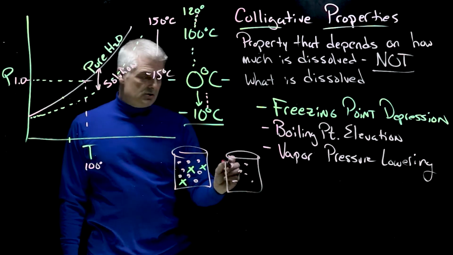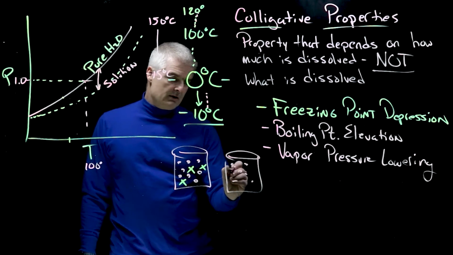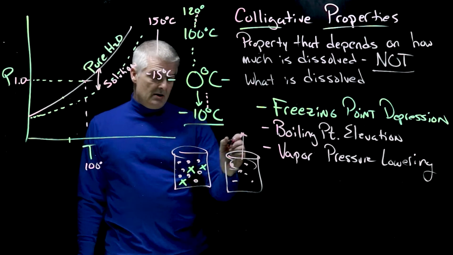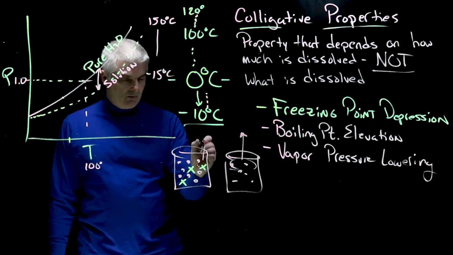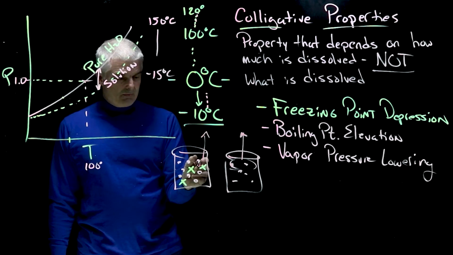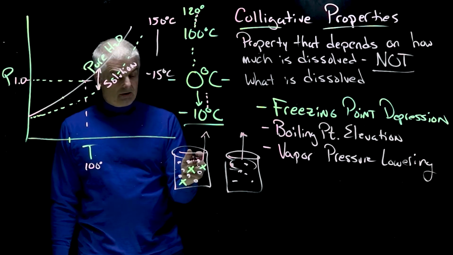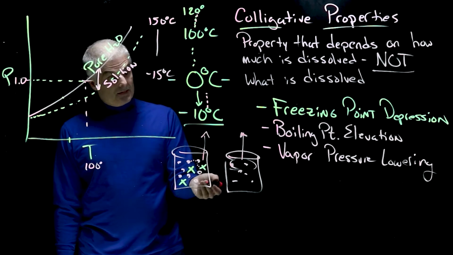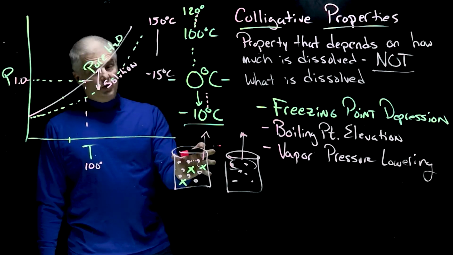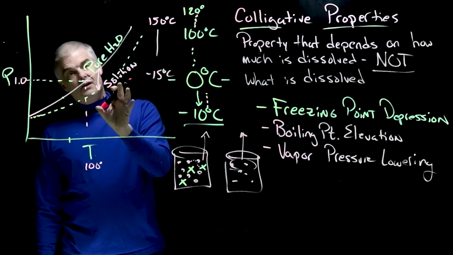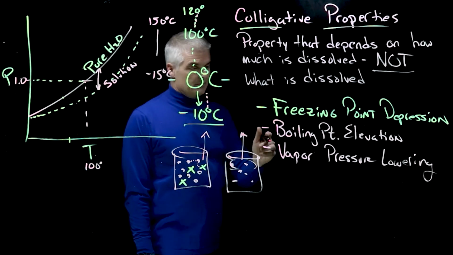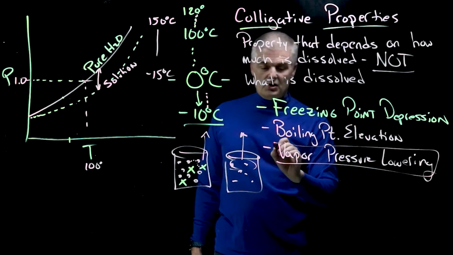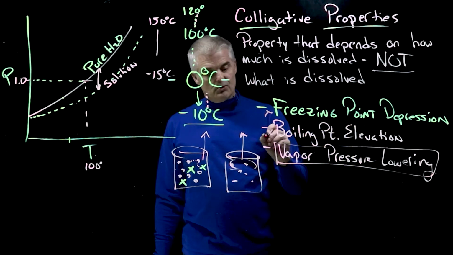For the pure solvent to evaporate, all it has to do is break the bonds from dot to dot. But when you've got the X's and the dots, there are attractive forces, and there are additional forces to break, not just between the dots and the dots, but between the dots and the X's, as I've drawn it. And that's why it lowers the vapor pressure, which actually lowers the freezing point and also raises the boiling point. So actually vapor pressure is what causes freezing point depression and boiling point elevation.